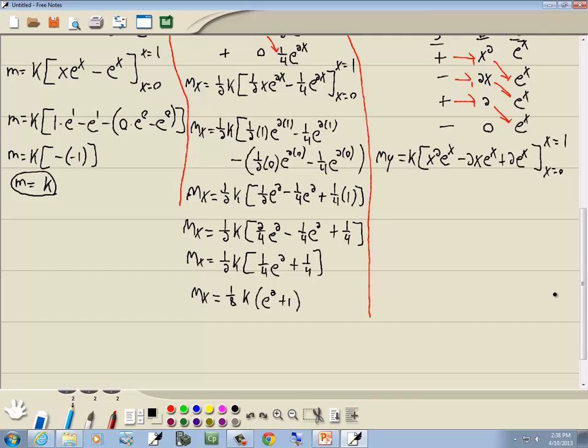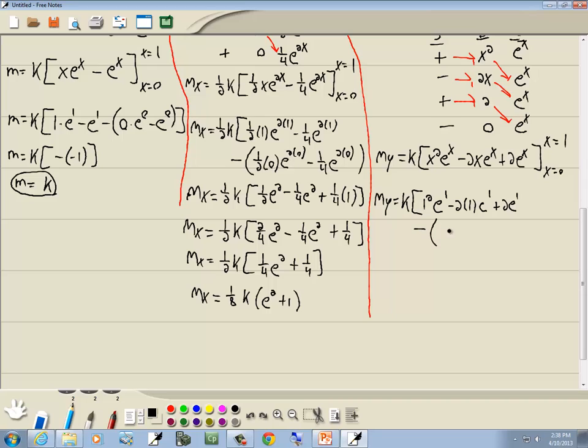Well, now we're ready to plug those in for x. So put the 1 in for x first. Okay, so I'm going to have 1 squared e to the first power minus 2 times 1 e to the first power plus 2 e to the first power.